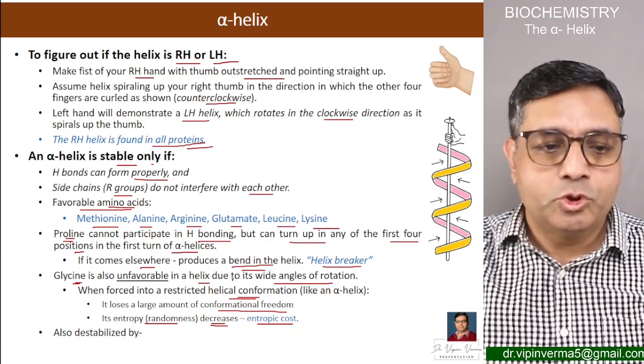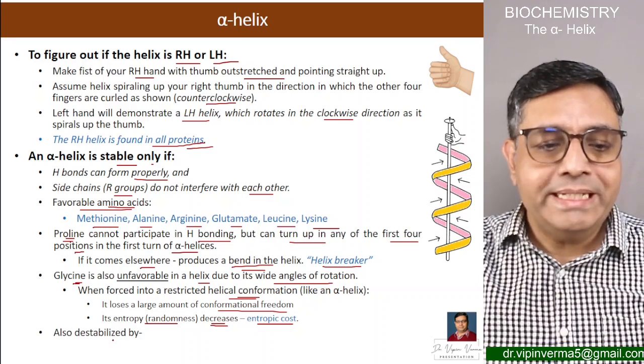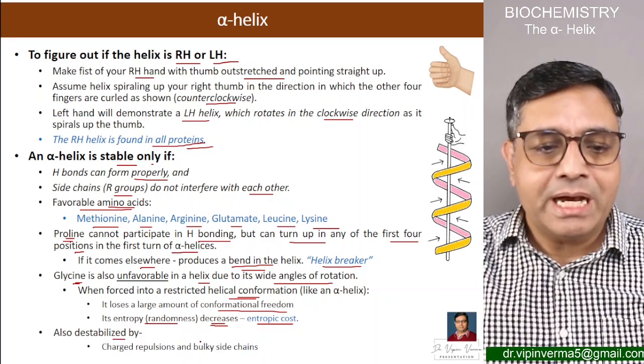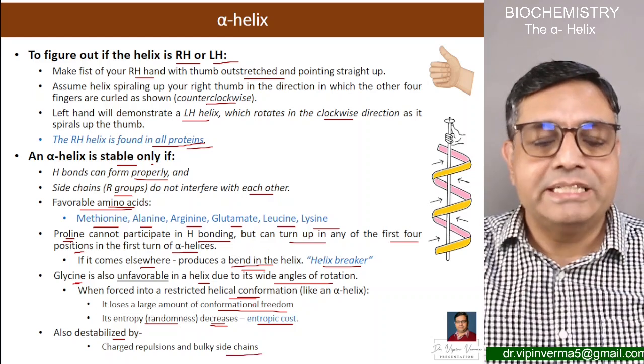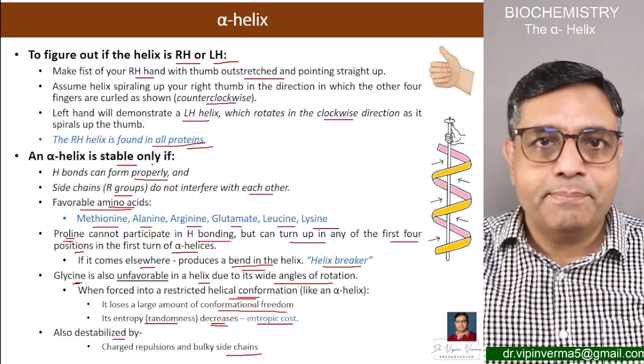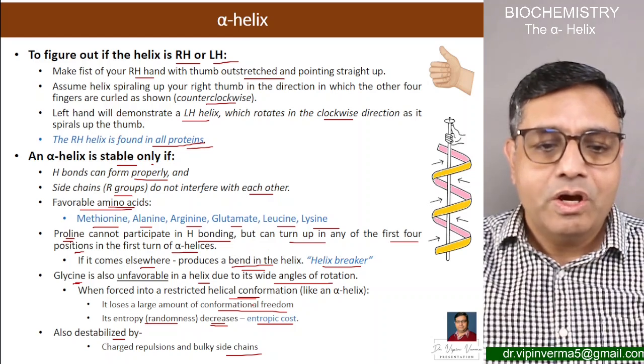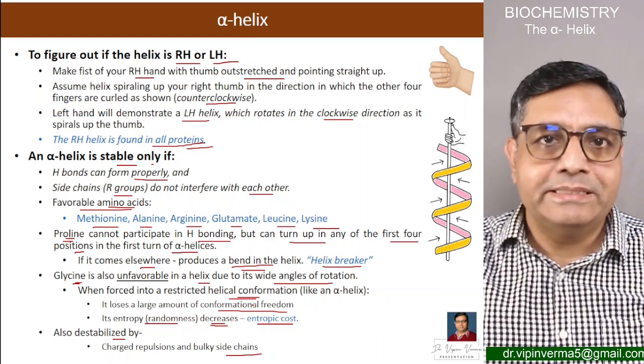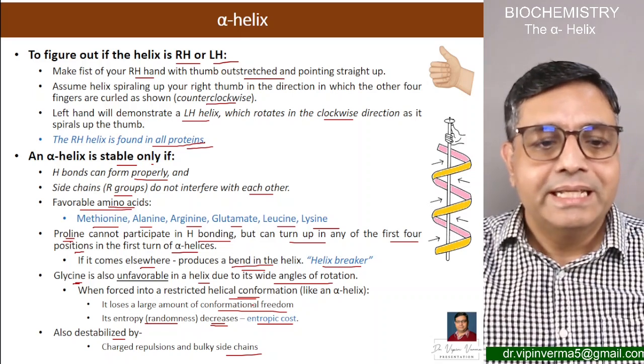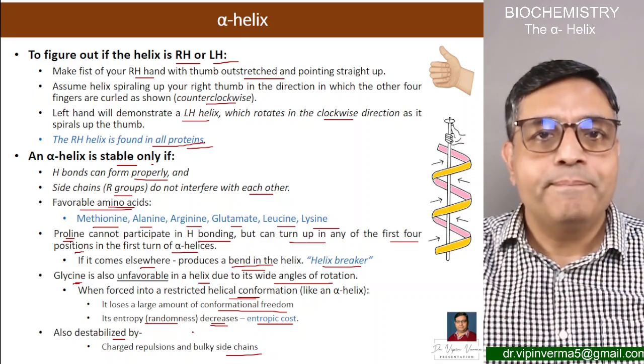The helix is also destabilized by charged repulsions between same-charged amino acids and by bulky side chains, which can cause steric hindrance.